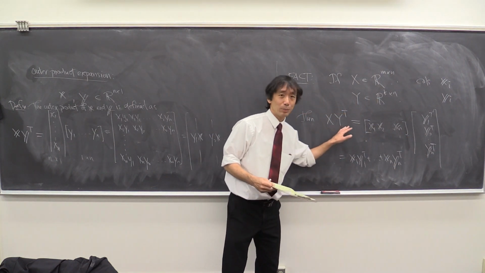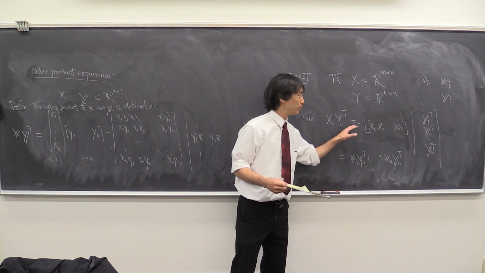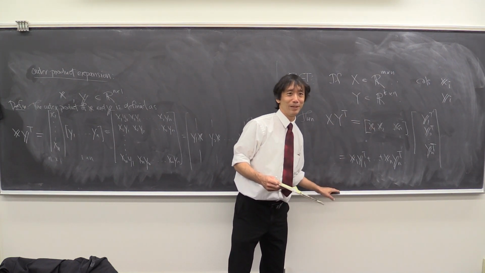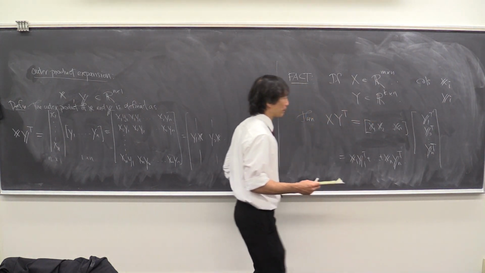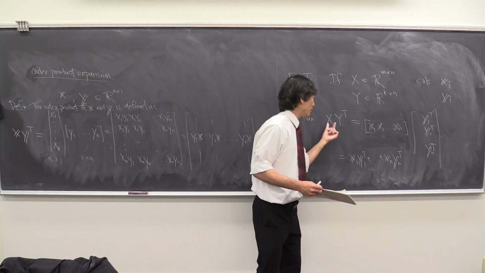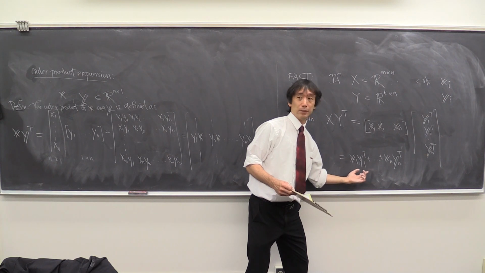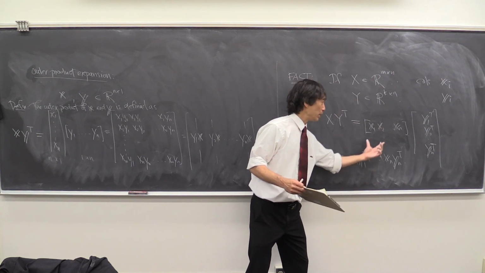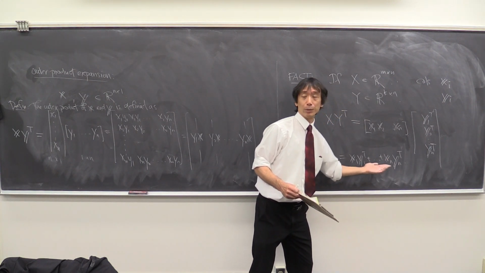This probably is not 100% clear to you, but just accept it for now. You can go back and read it if you want. So the point is that when you have a matrix times the transpose of a matrix, that's expressible as some sort of inner product, which gives you this sum of outer products.